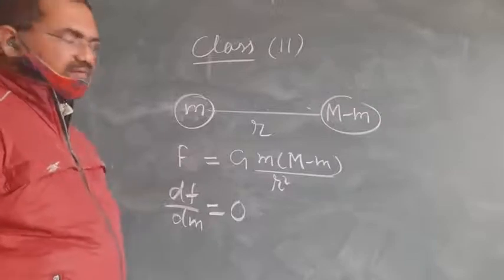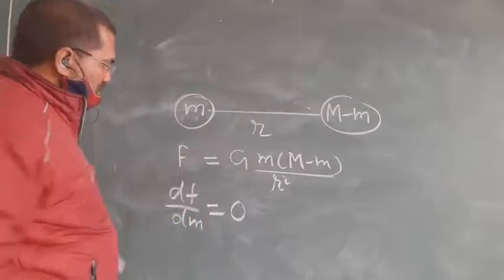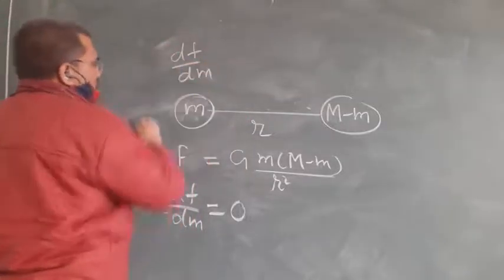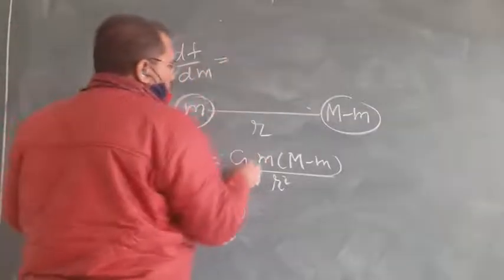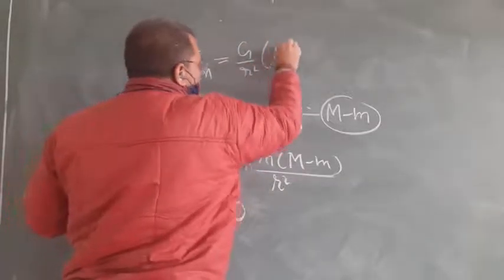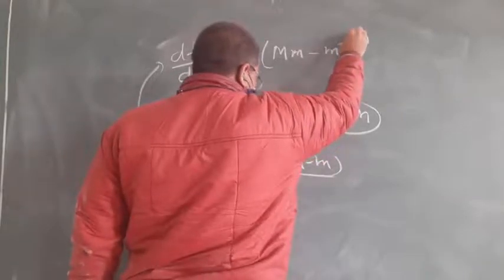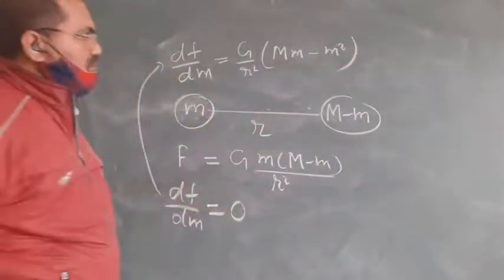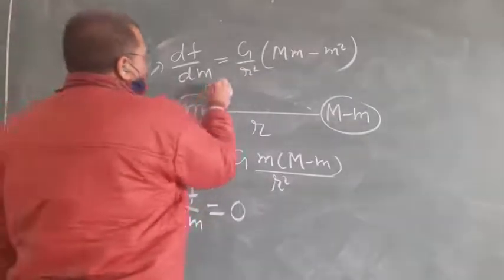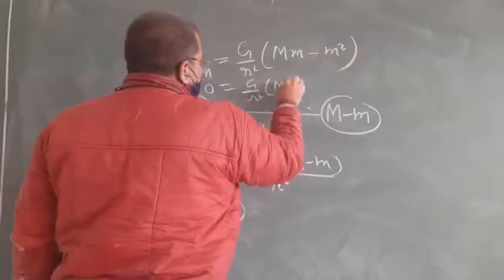So we will get here, what we will get? dF by dm equal to G by r square, (M minus 2m). This will be 0.